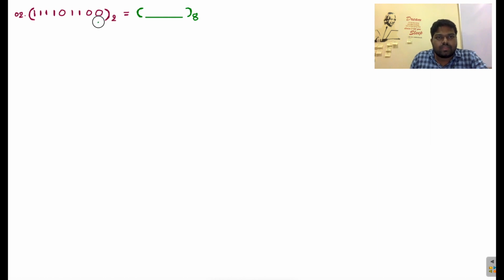Here this one is your least significant bit, and this is your most significant bit. Now I can mention here: 1 1 1 1 0 1 1 0 0. So you can start from the rightmost bit, that means the least significant bit, LSB.